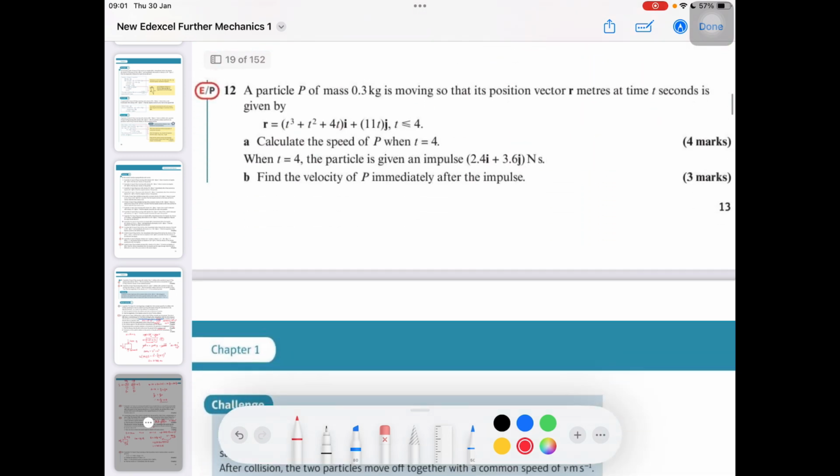And number 12, particle P of mass 0.3 is moving. Position vector r is here. So this is the position. And now, calculate the speed. Because this is, we can say t.